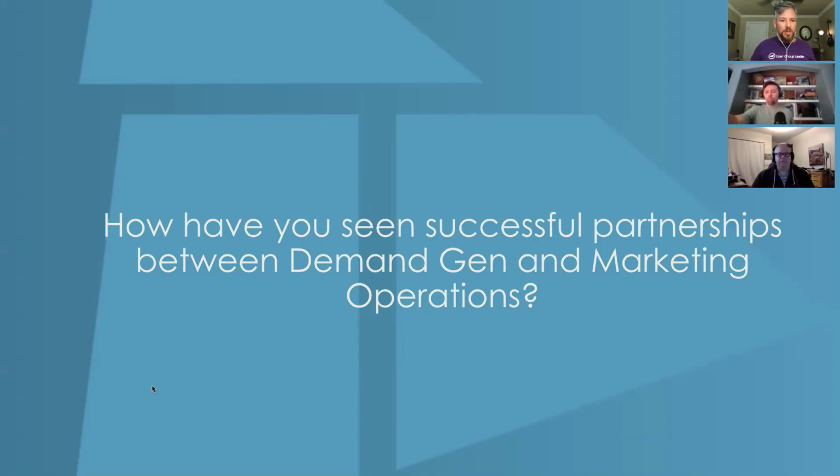But what are the things in an organizational structure that might cause friction on getting alignment between demand generation and your marketing automation teams? I've seen challenges where VP sales and CMOs are in complete disagreement about what an MQL is. I think that's a big one. Right.